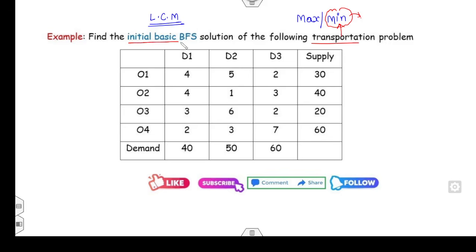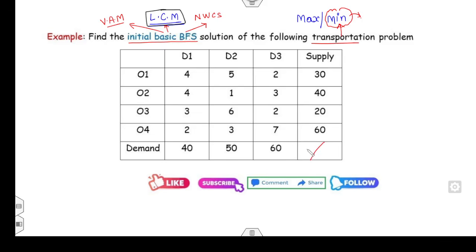Now your target is to find the initial basic feasible solution. That means you can apply either the northwest corner method, the least cost method, or the Vogel approximation method. Because our target is to understand the least cost method, I can solve each problem with the help of the least cost method. Firstly, we can check whether the problem is balanced or not.